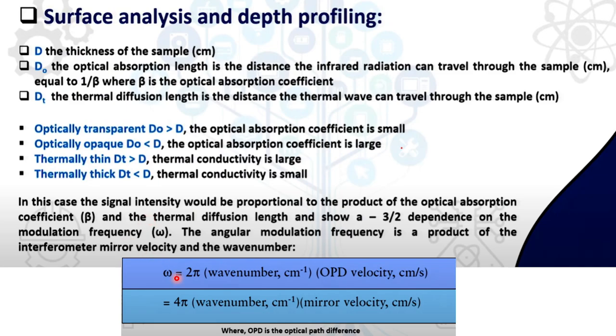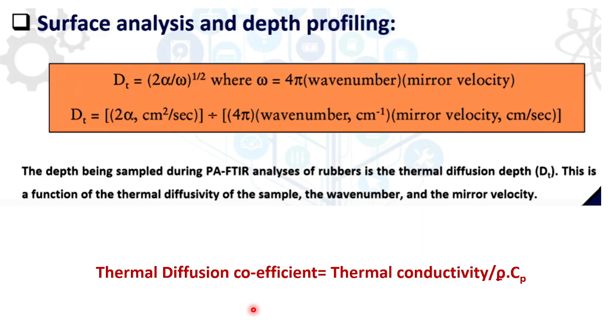Now omega, that is the frequency, equals 2 pi into OPD, and that is also equal to 4 pi into the mirror velocity. Now OPD is the optical path difference. So omega, the modulation frequency, that is the speed of the chopper, equals 2 pi into OPD, or 4 pi into mirror velocity.